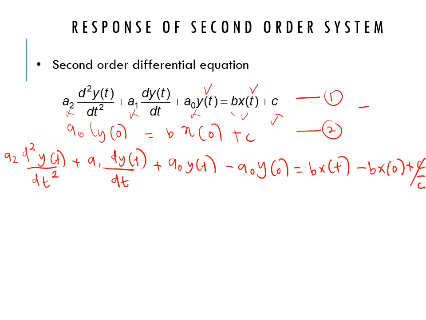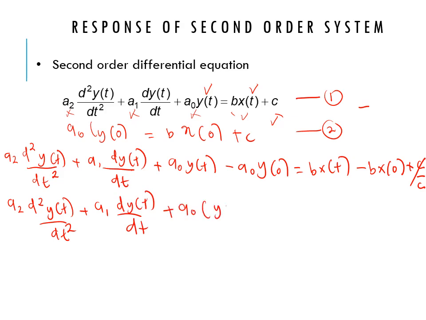So this one can be cancelled off, since c minus c is equal to 0. So we get a2 d2y(t) divided by dt squared plus a1 dy(t) over dt plus a0 (y(t) minus y0) equals b (x(t) minus x0).